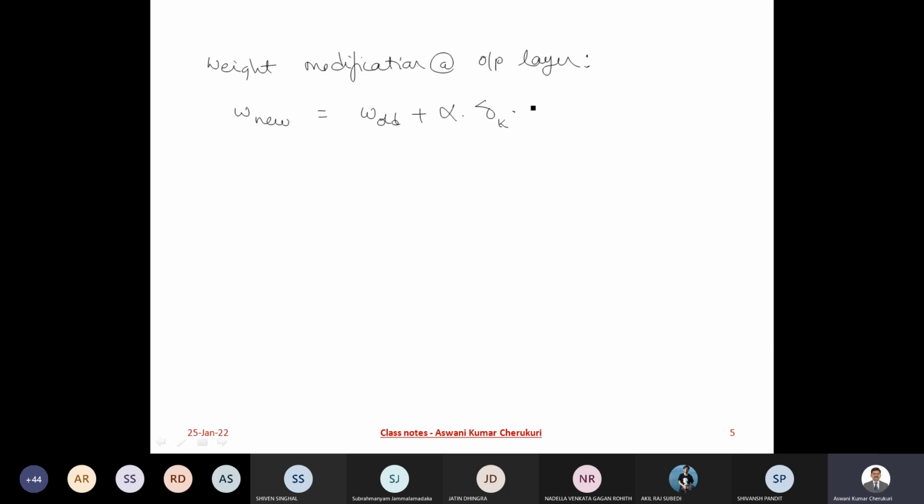Generally we write that output as f of net y. So: the old weight, learning constant, error term, actual output at the node. This is how I am going to modify the connection weights at the output layer.